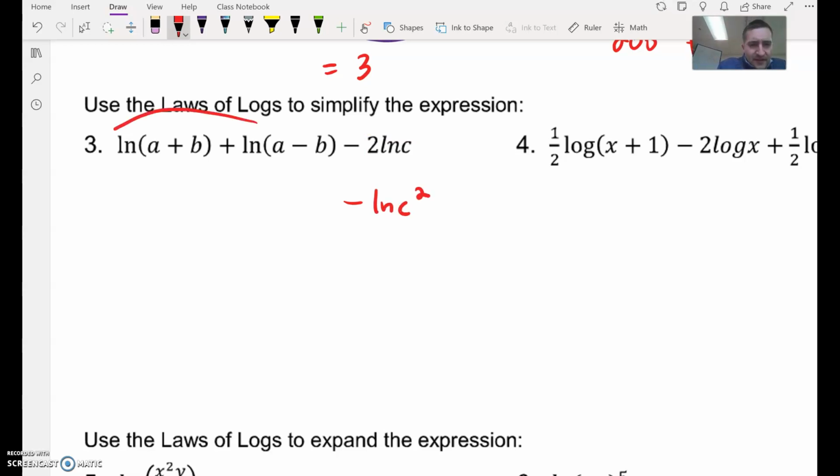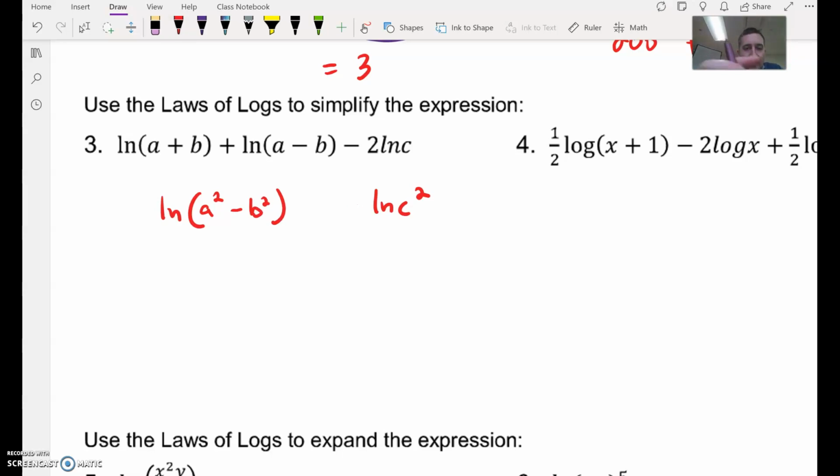Now I see that these are being multiplied. There's a plus sign, so they're going to be multiplied. So that's going to turn into the natural log of a plus b times a minus b. So that's a squared minus b squared. So I did a little product rule action right there.